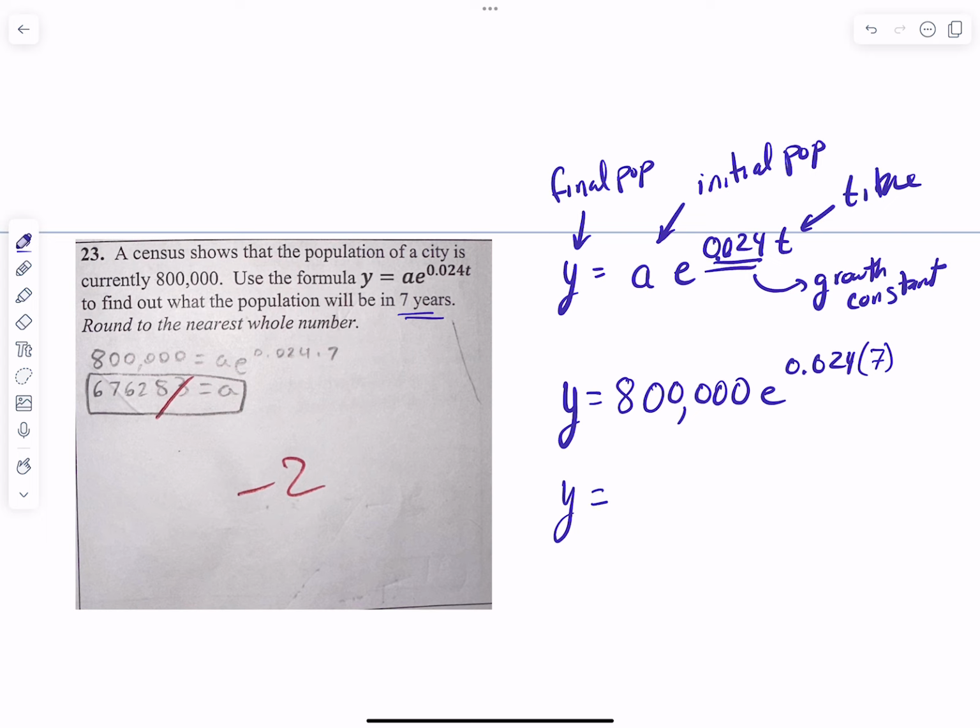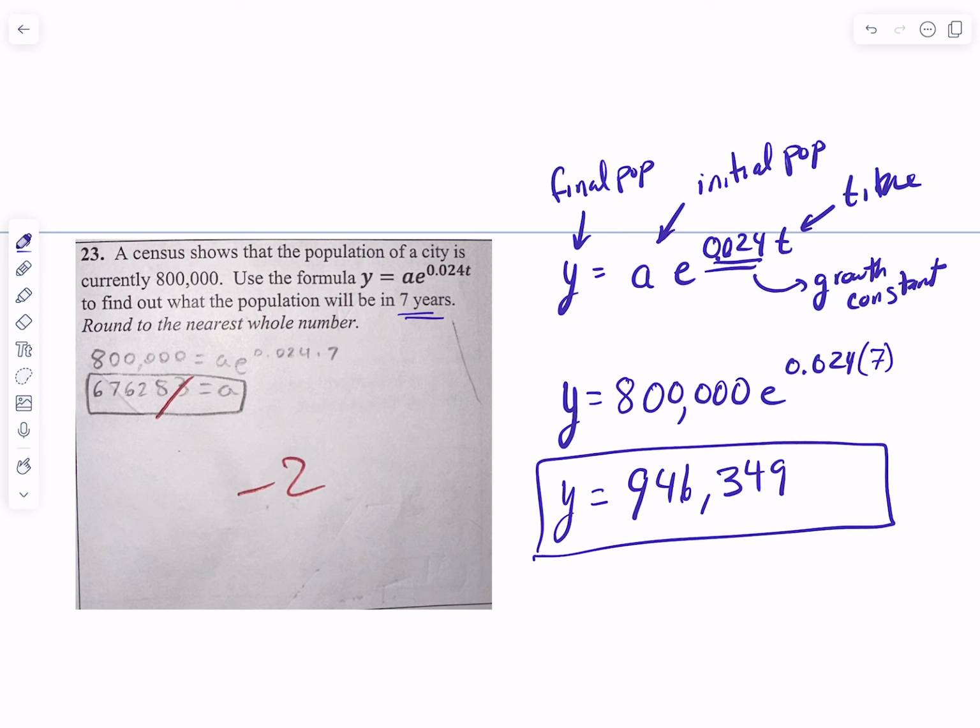So y is equal to, if I type all this in, 800,000 times e to the 0.024 times 7, and I get 946,349, and that's rounded, people.